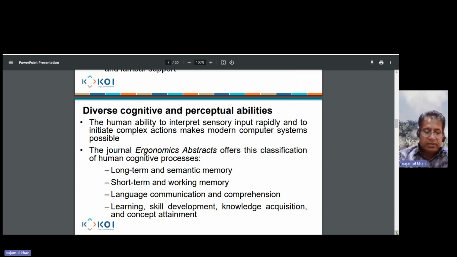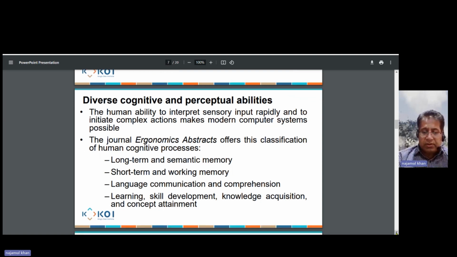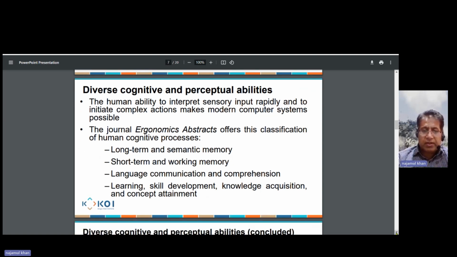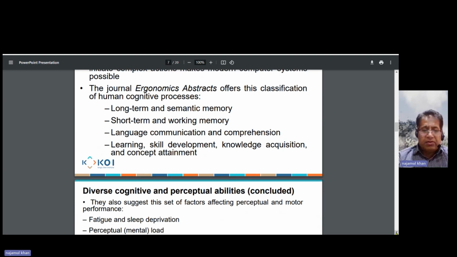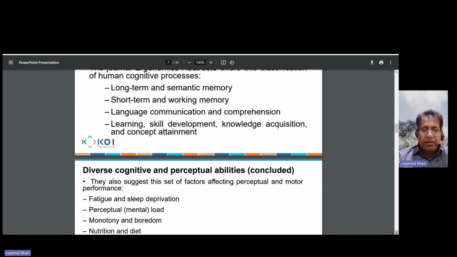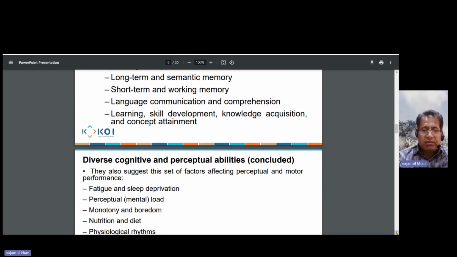Okay, let's keep moving to some of the other information here. We're going to continue with that as well, because they are closely related to the diverse cognitive and perceptual abilities of humans who work in these environments.